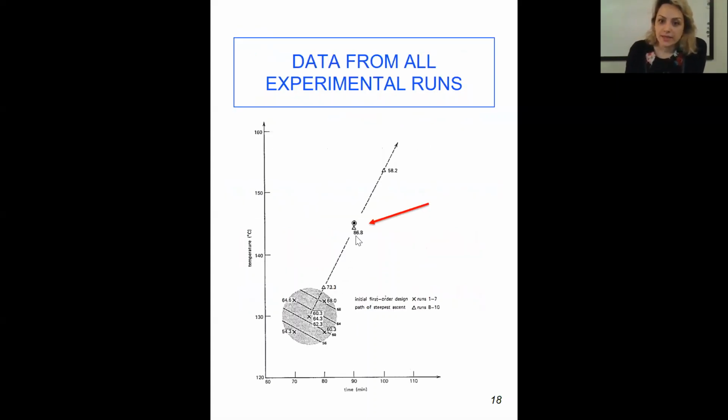So look at here, here is my new point, 86.8. This was 73.3. We considered the run, we saw that it would jump to 58 and then it was 86.8. I had runs 1 to 7 before, like here you can see it. And this is the steepest ascent path. So I went through this path and then I defined 3 more runs to explore this area.